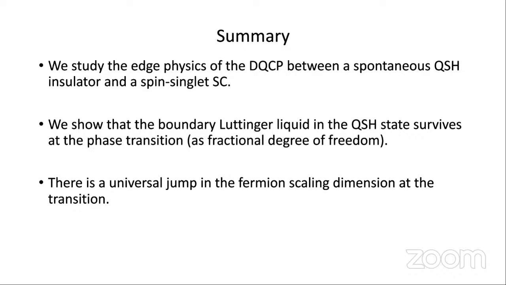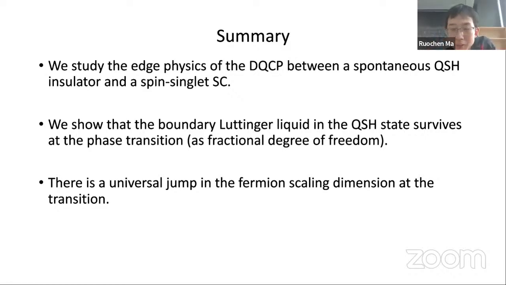So my question is that this universal jump in fermion scaling dimension is from the calculation of the large N theory, right? Is this universal jump dependent on N? It should depend on N.